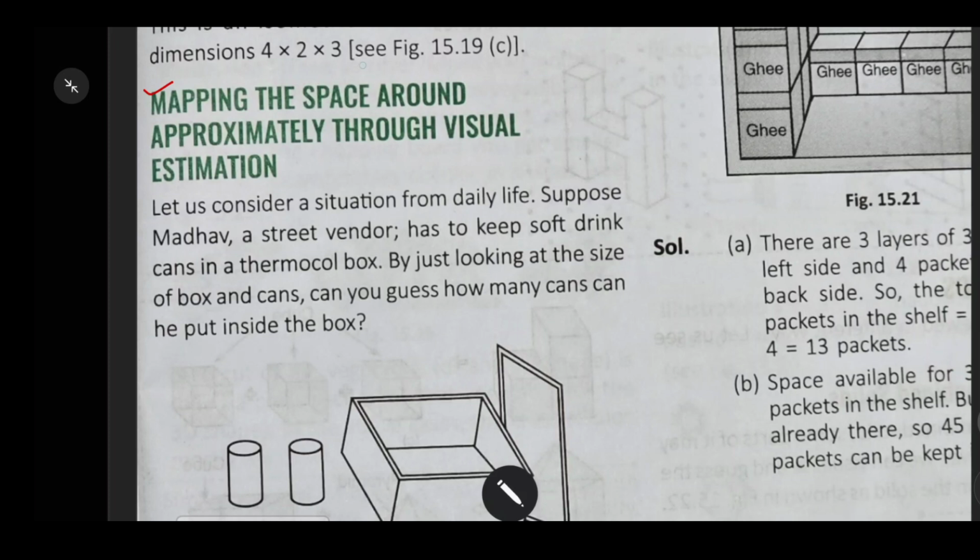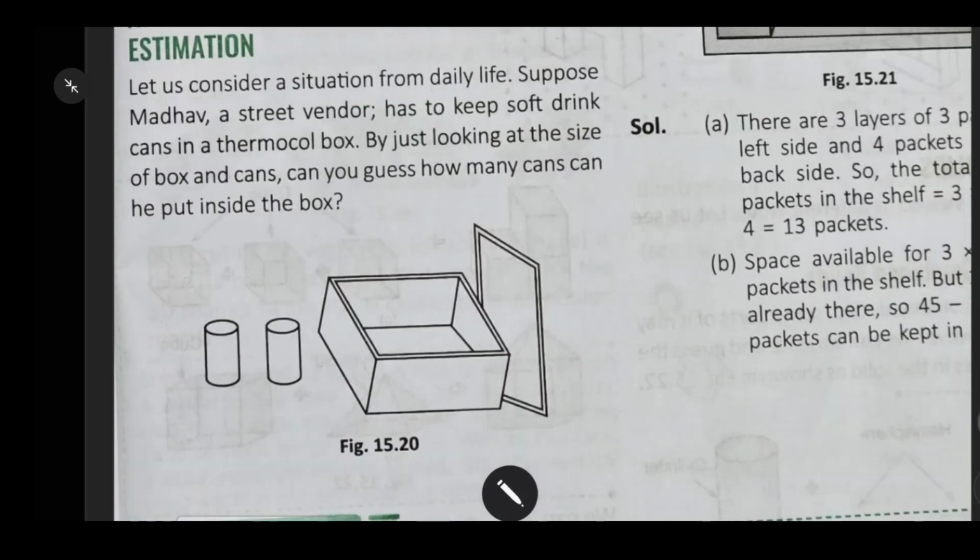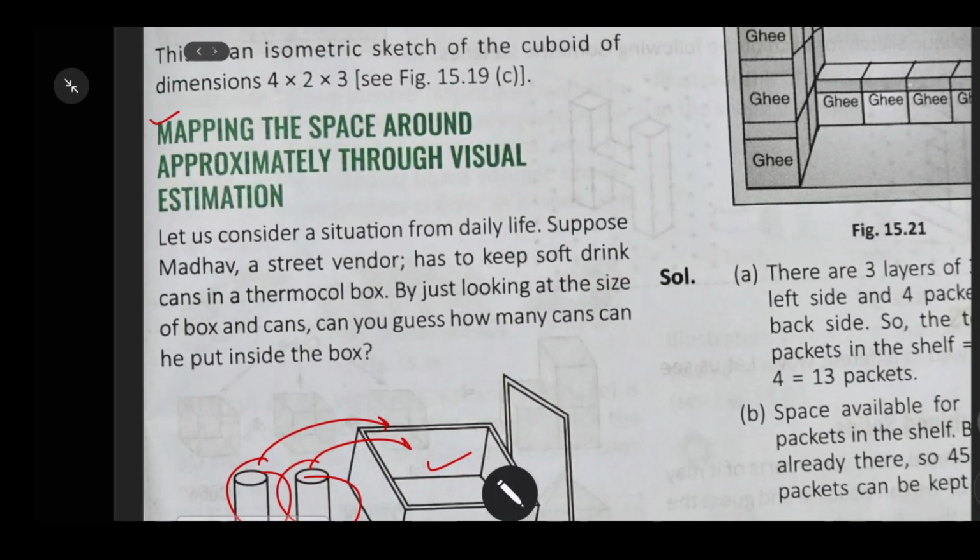Now we'll talk about mapping. Mapping is nothing else, it is an approximate estimation of how objects will fit into another object. For example, suppose we have to fit these cans in this box. We can estimate how many cans can be fitted in such a box. This is known as mapping.